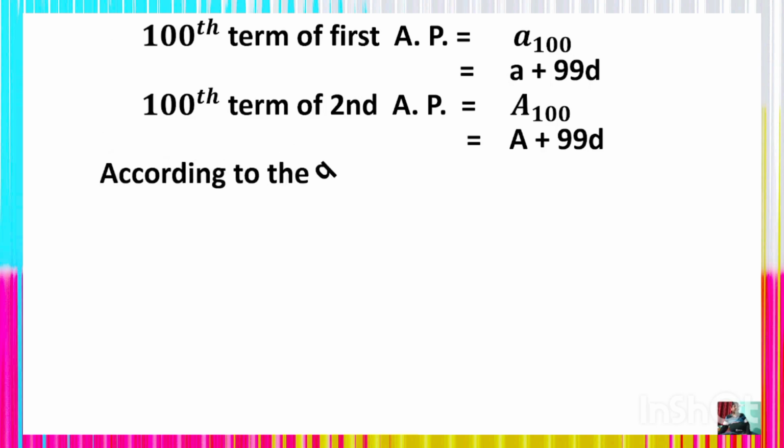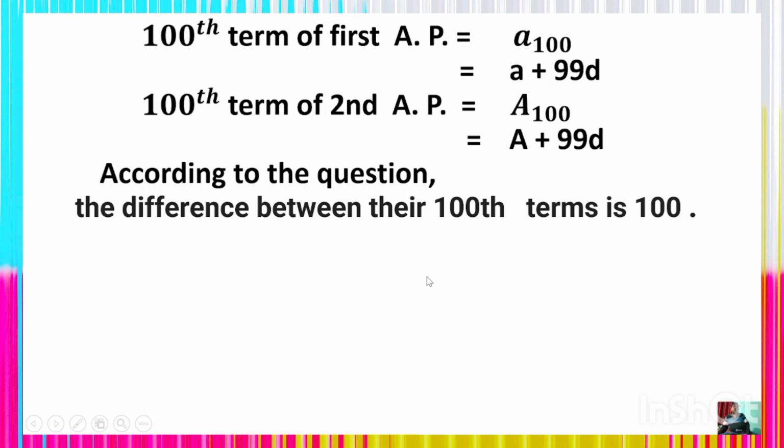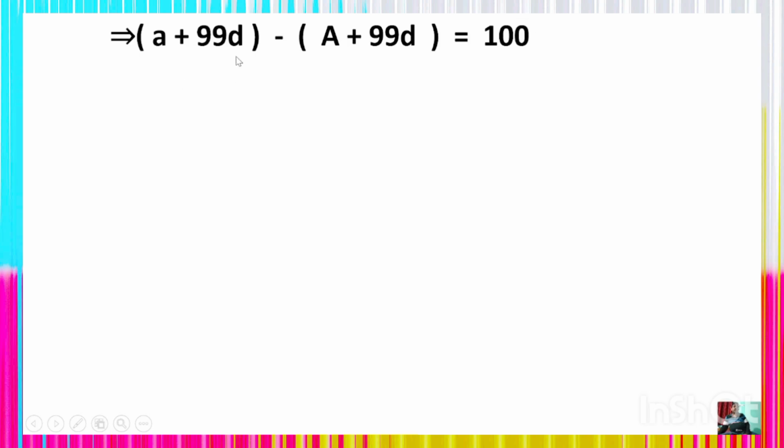Understand? According to the question, the difference between their 100th terms is 100. It means a100 minus capital A100 is 100. Now in place of a100 and capital A100 you can write (a plus 99d) minus (capital A plus 99d), which is 100.